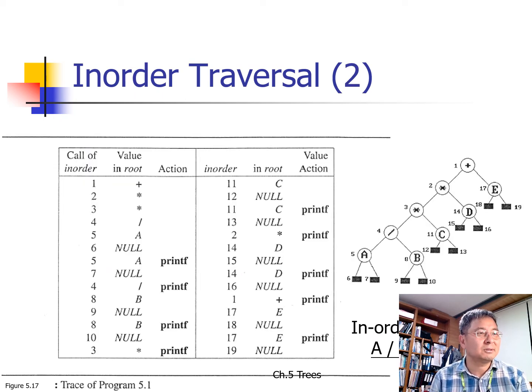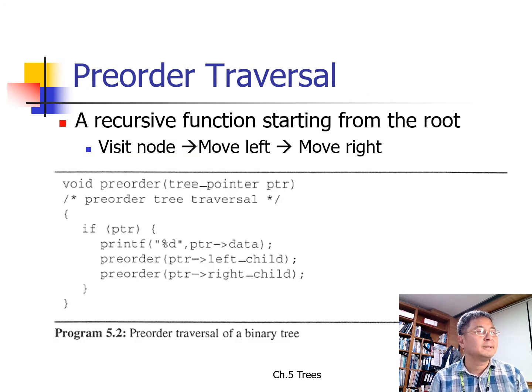This is an in-order traversal example. I think it's the same example as in the previous slide. So you can see the result of this traversal here. And next one is pre-order. Pre-order also matches VLR. This printf is the V step, and the pre-order left child is here, and the pre-order right child is here.